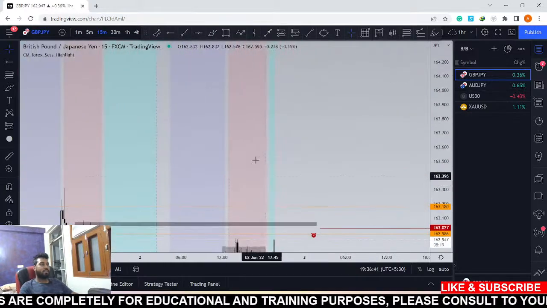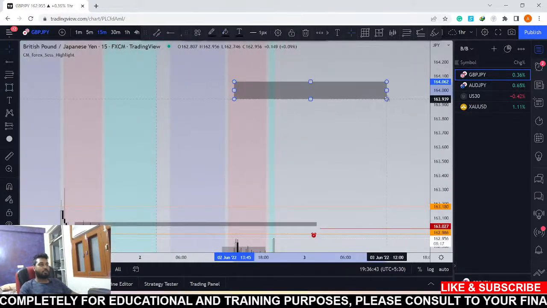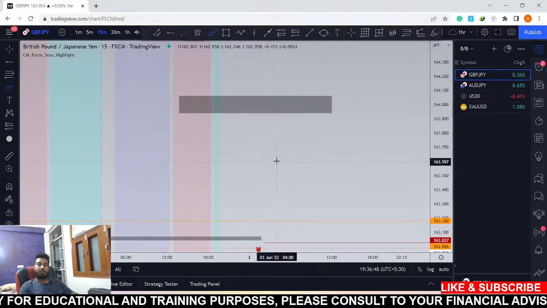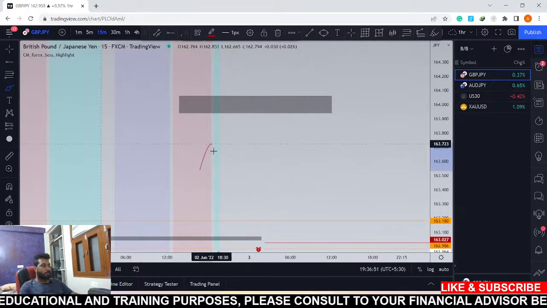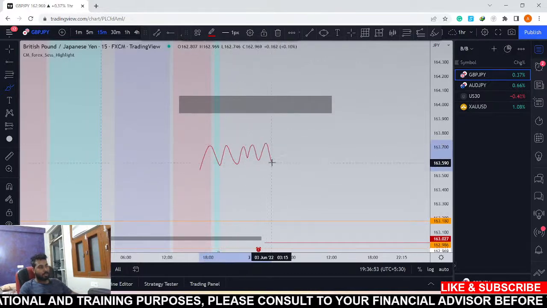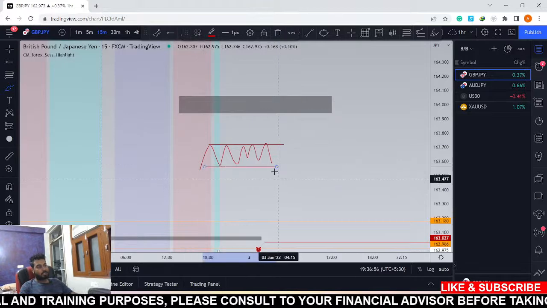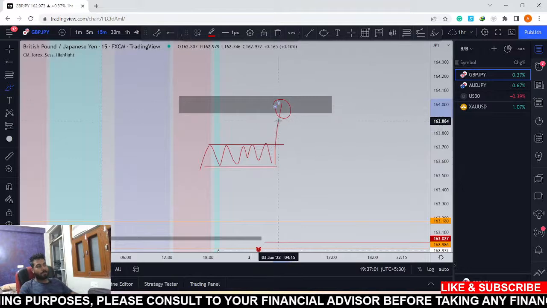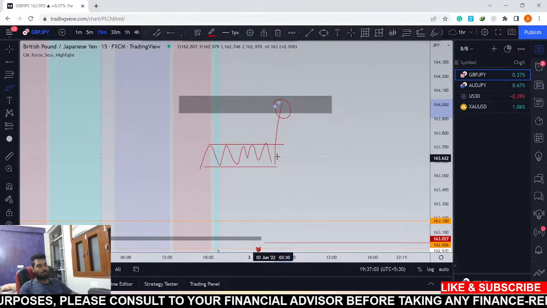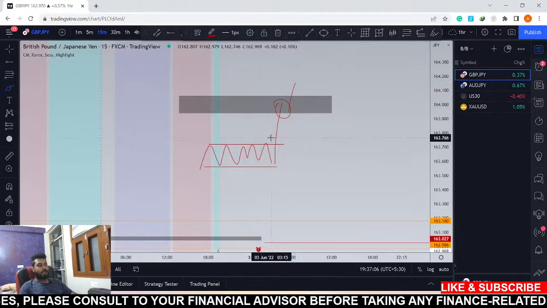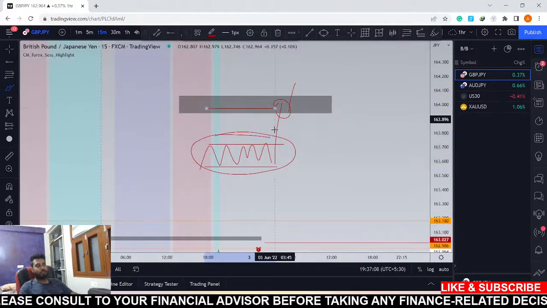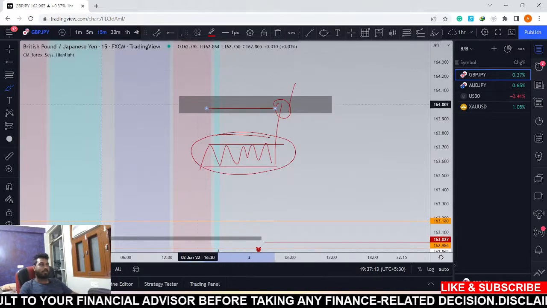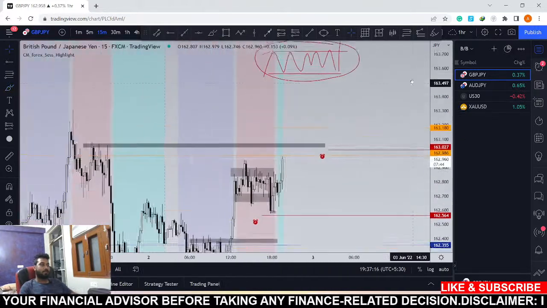Because the logic behind this is, if the market wants to break this zone, it will accumulate the power, it will accumulate the orders, so that when it comes to this area, the momentum has enough power to cross it. That is why this range is forming below this zone. So there is a high chance that it will break this zone also.